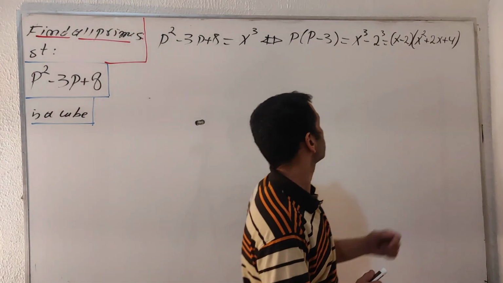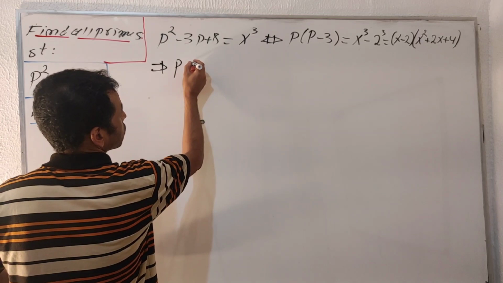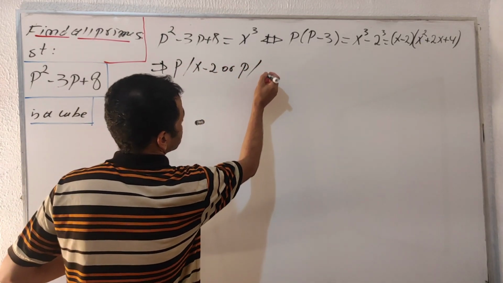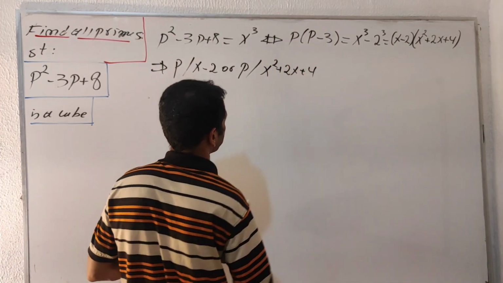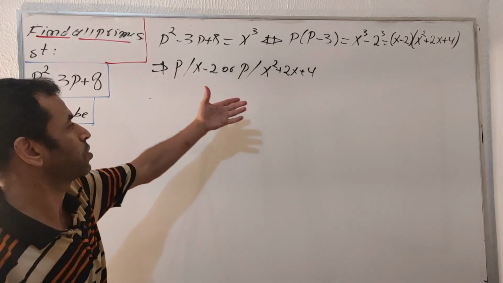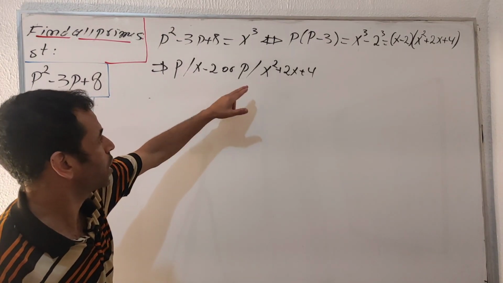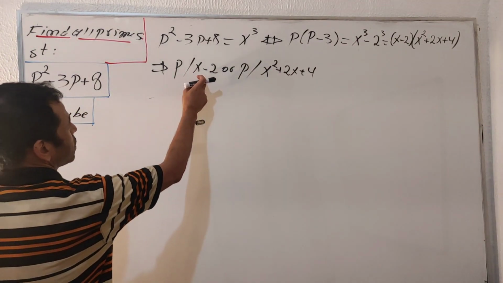Which means p can divide x minus 2, or p can divide x squared plus 2x plus 4, but it's impossible for p to divide both at this time. Okay, let's prove that one of these must be ruled out. Let's prove p cannot divide x minus 2.